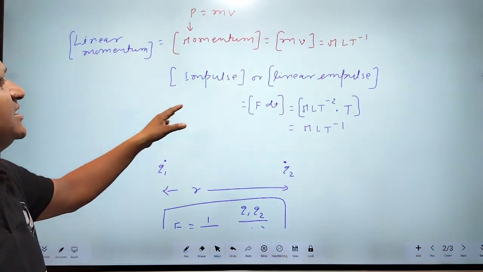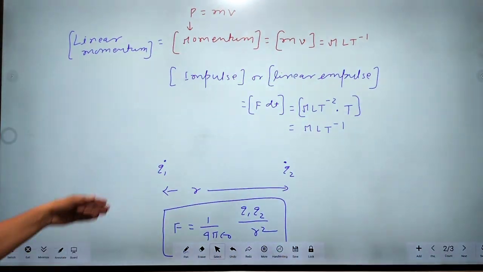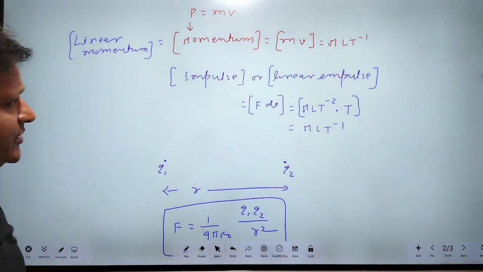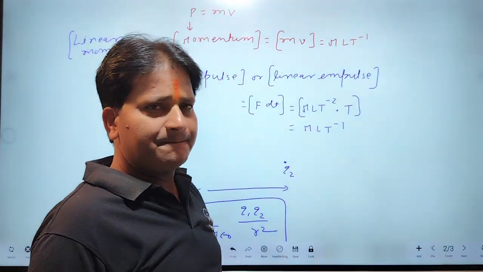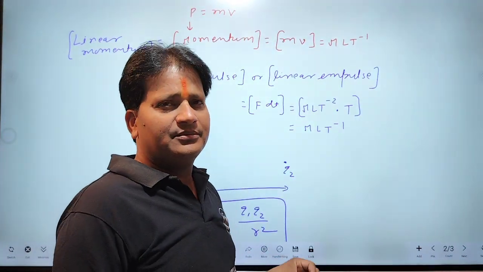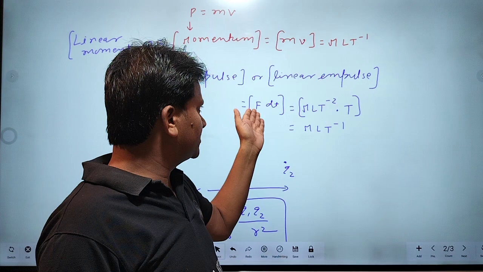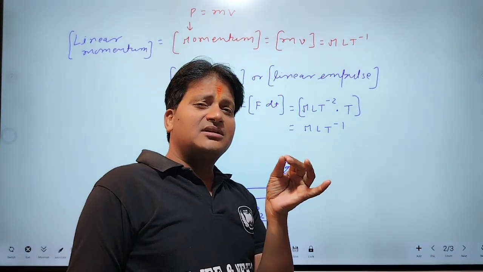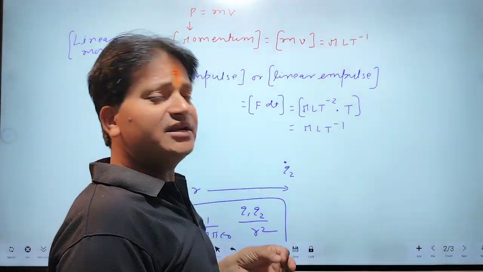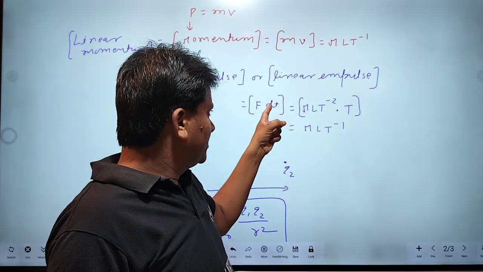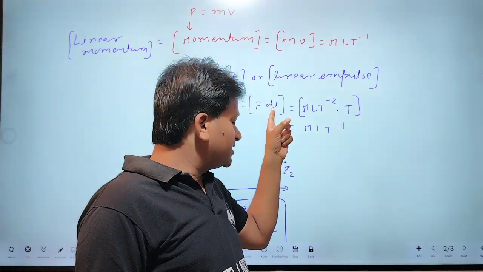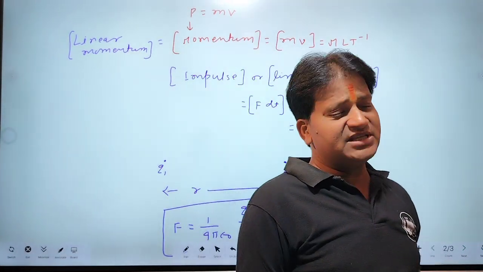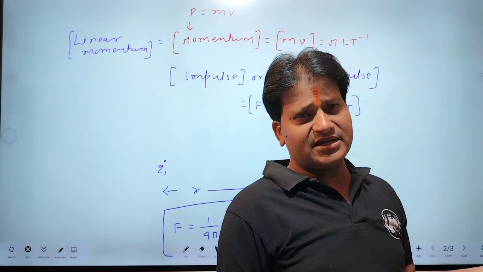Impulse, it is also called linear impulse. Momentum means, simply, linear momentum. Impulse is force into time. Here dt means a very small time. It is also called change in time. Change in time means final time minus initial time.